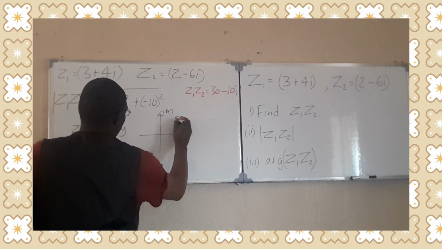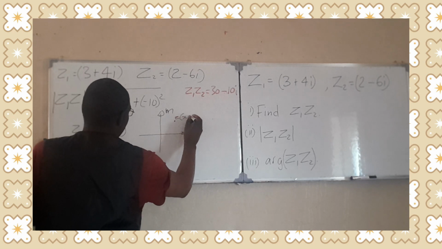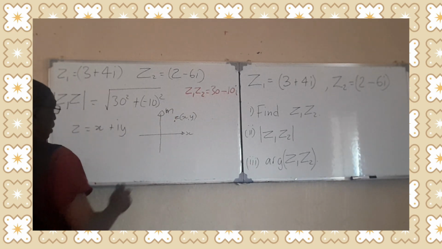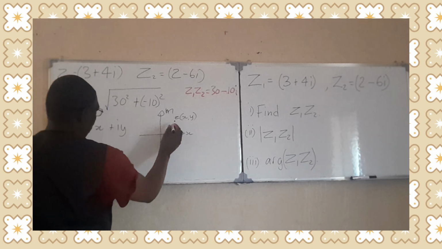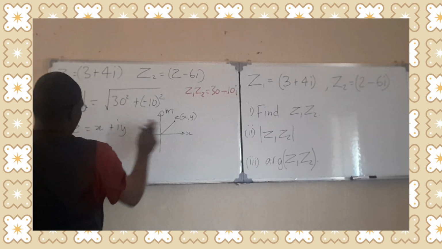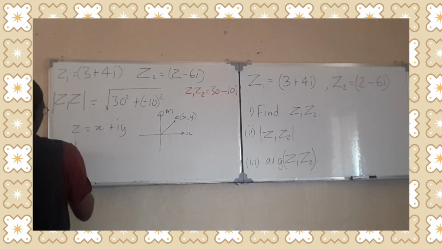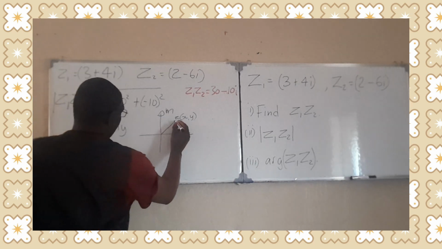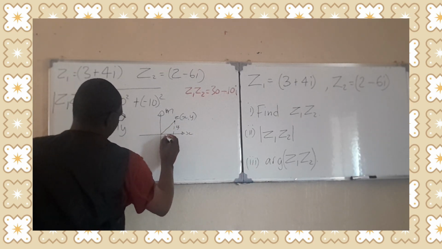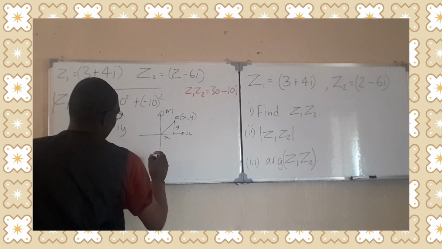This is where z is, with coordinates x, y. This point represents the complex number with coordinates x, y. The length of this line would be equal to the modulus of the complex number, which is modulus of z. We know that from here to there it's y, and from there to there it's x.